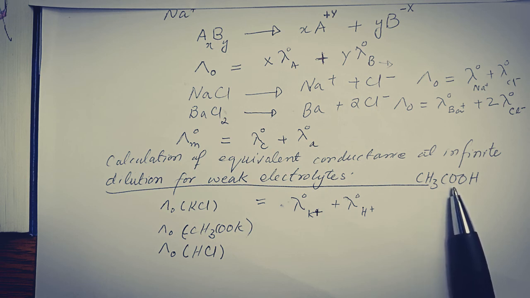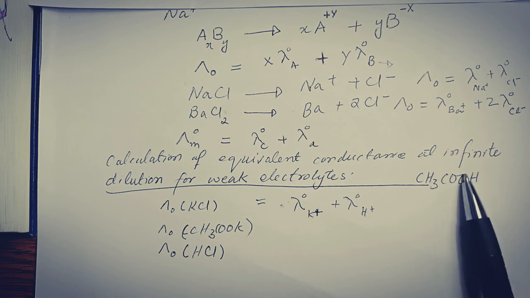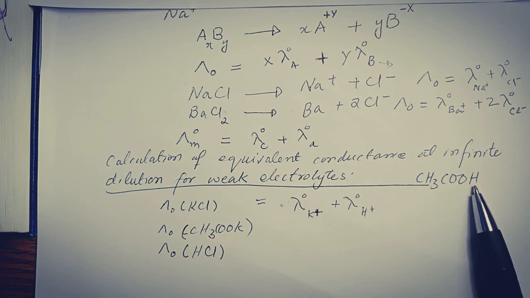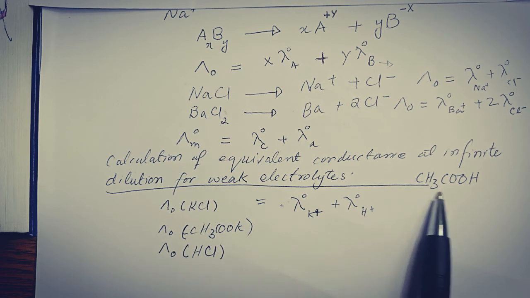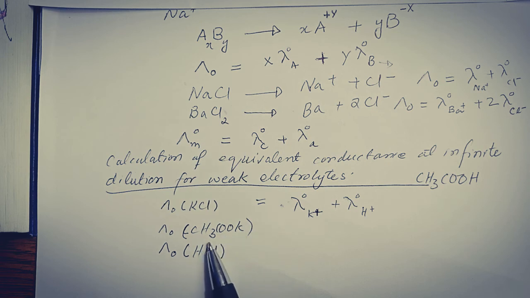So for the calculation of the hydrogen ions, their equivalent conductance can be measured from the HCl, and for the case of acetate we can measure from the acetate salt.